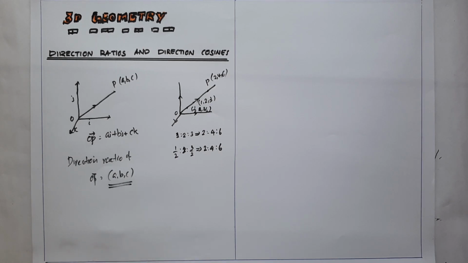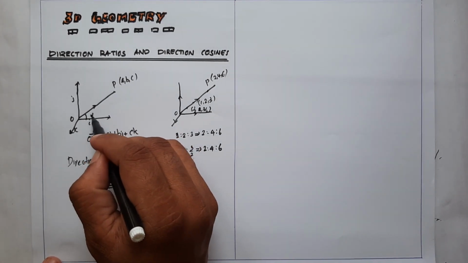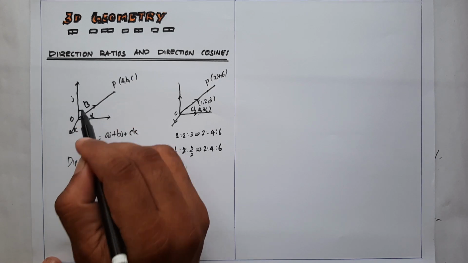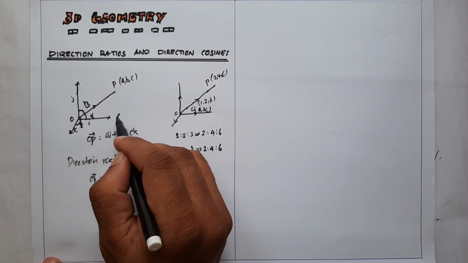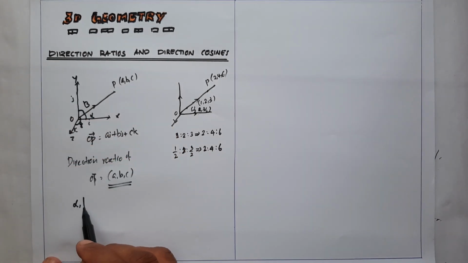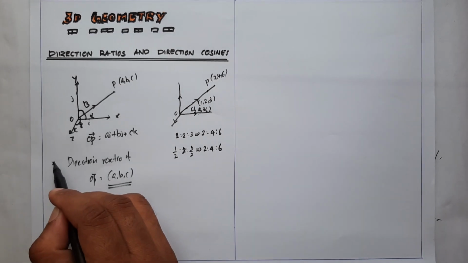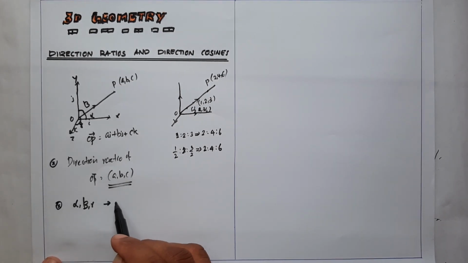Okay. Now we define what is direction cosine. Suppose this vector OP makes angles alpha, beta and gamma with the positive x, y and z axes. Here the alpha, beta and gamma are called direction angles.